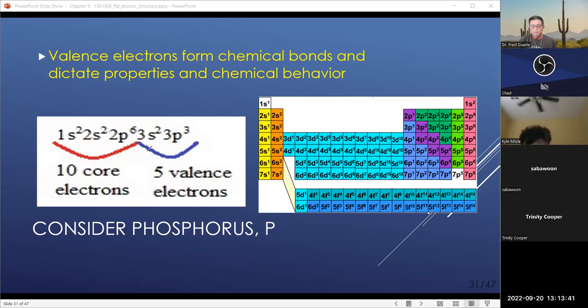The other takeaway is, seen from its electron configuration, that in the p orbital there's still room for 3 more electrons. Remember, all 3 p orbitals can handle 2 electrons each, so a total of 6. So the p orbitals can pick up 3 more. Now, phosphorus is a non-metal.